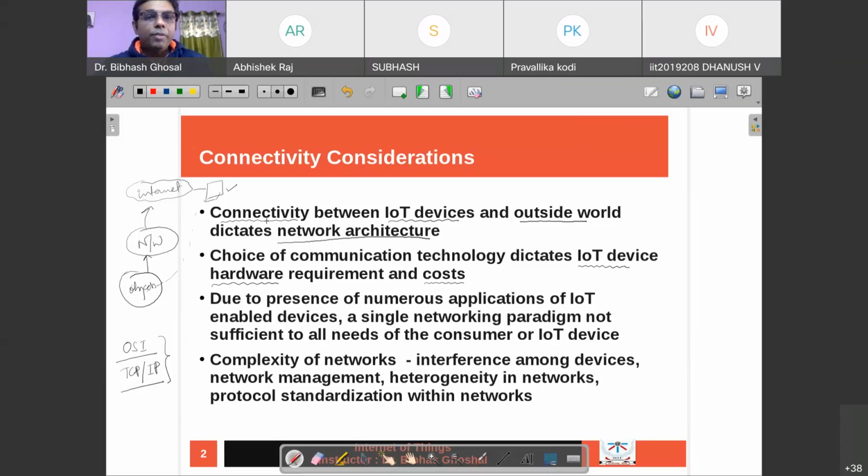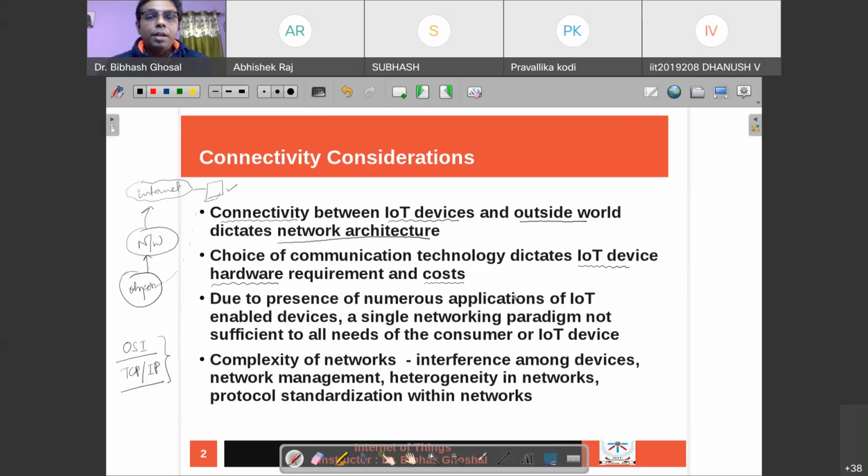Okay, then we have, so just keep in mind one by one, why is it so important to understand the network layer, and why should we spend time in understanding this? Because it decides what kind of a device you're going to choose.